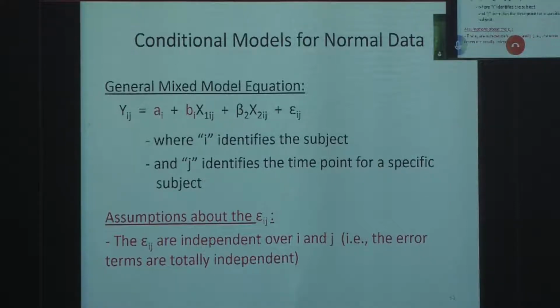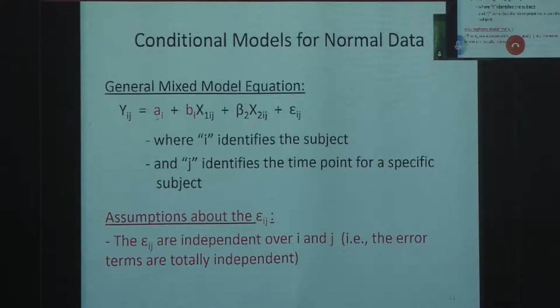If I'm using Greek letters, these are called fixed effects. If I'm using Roman letters, these are random effects. And because I have some Roman letters and some Greek letters, this is a mixed model. I'm mixing fixed effects along with random effects, and so it's a mixed model equation.